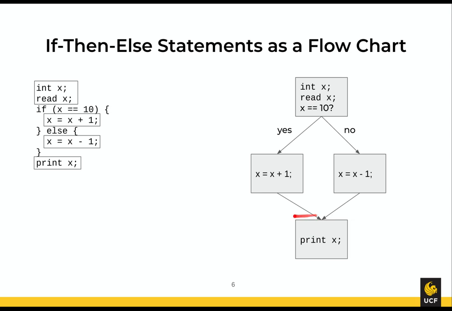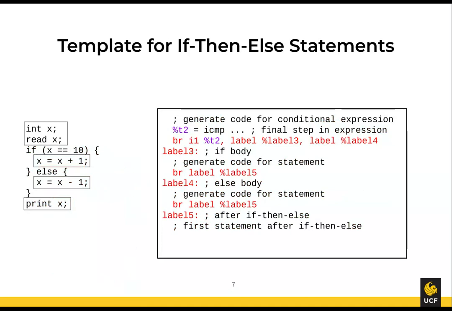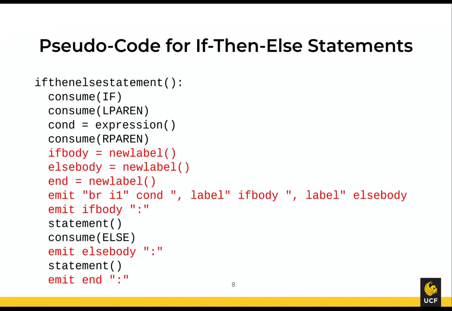So whatever code happens to come after the if statement, we have to give that its own label so that the if body and the else body can jump to it. So that's reflected here, where we generate 3 new labels, one for the if body, one for the else body, and one for the code after the if statement.